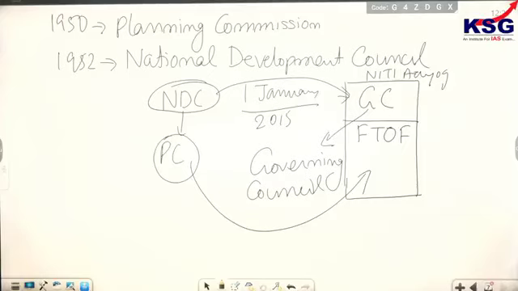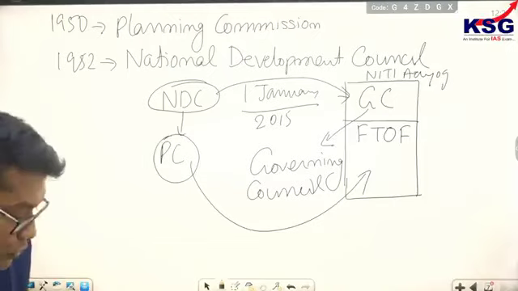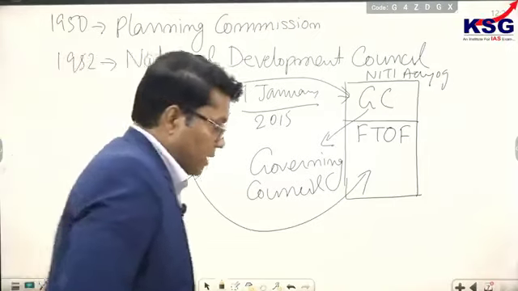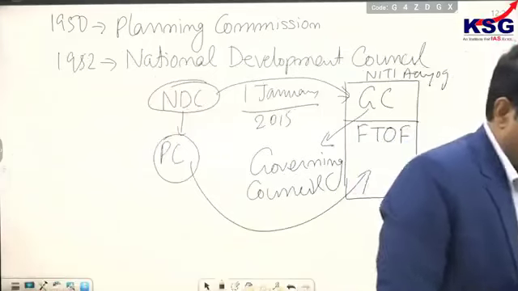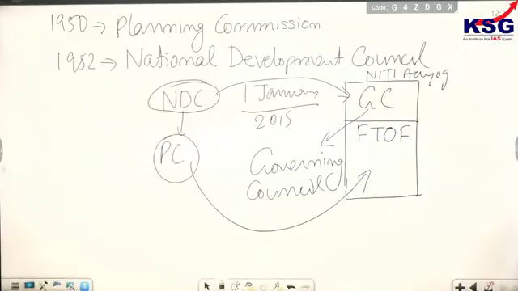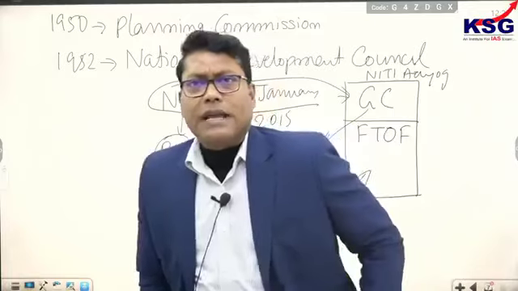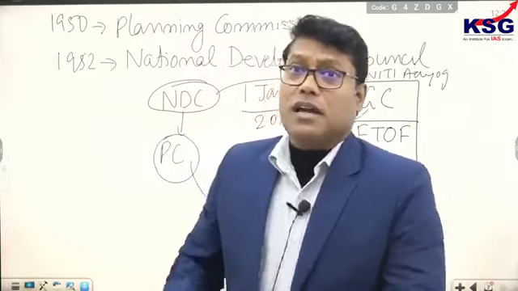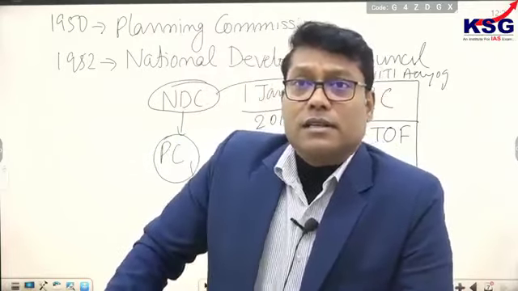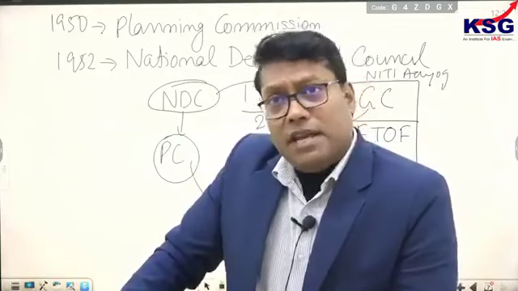The cabinet ministers with certain important portfolios acted as part-time members. This much information you should know. Why rank? Because the commission asked this type of questions, so they asked, and they may ask.